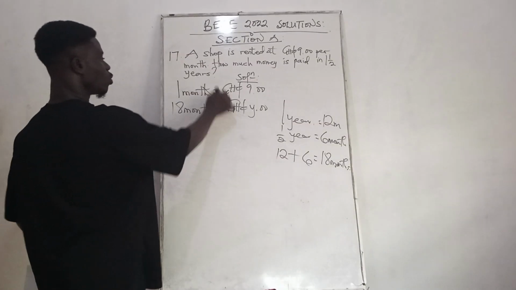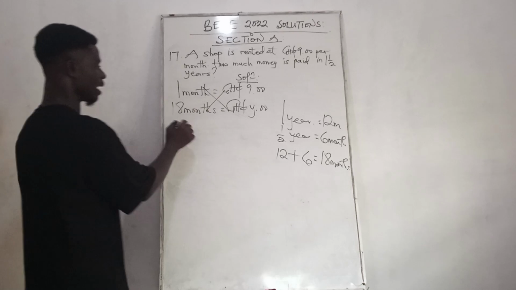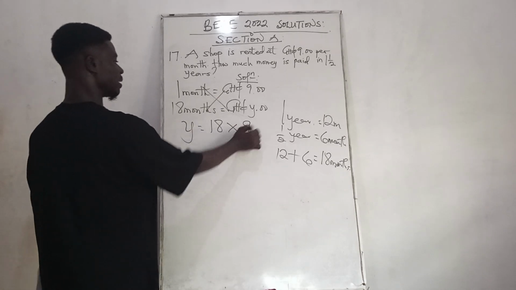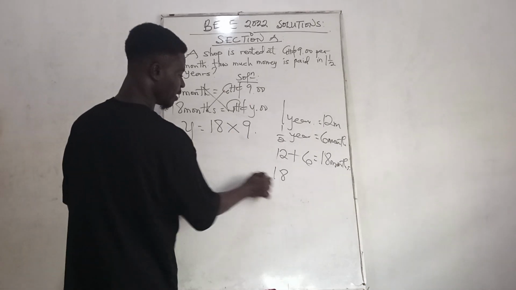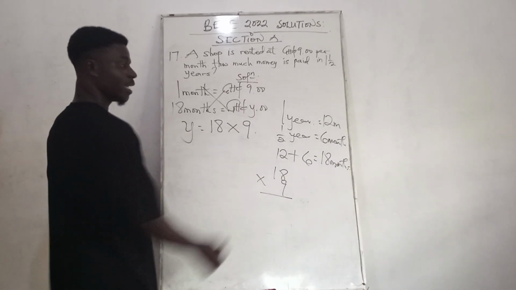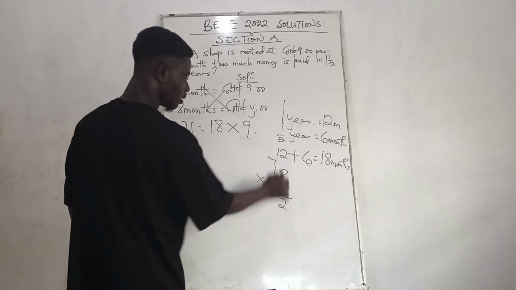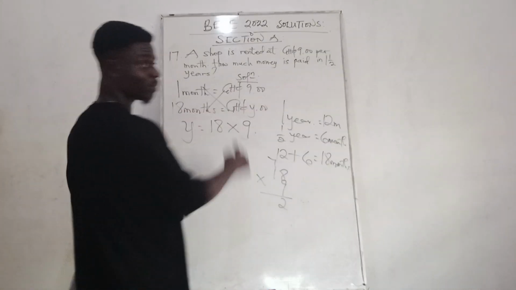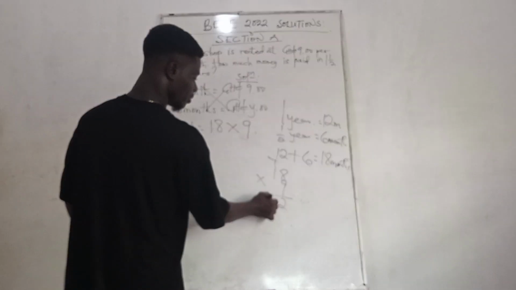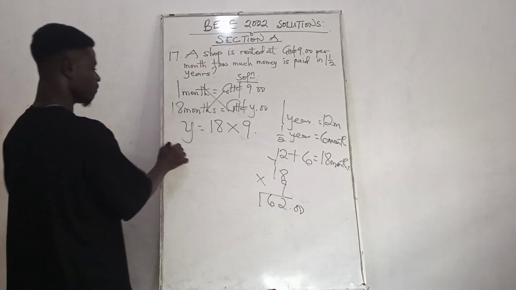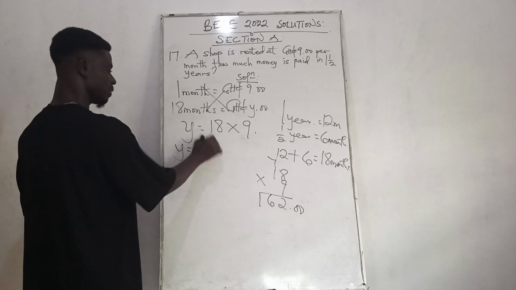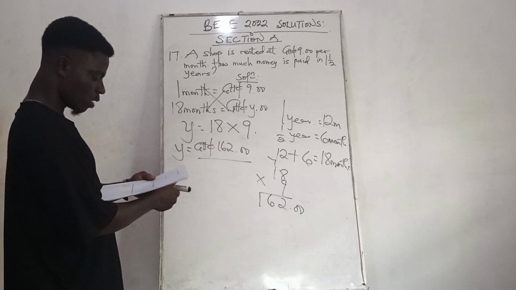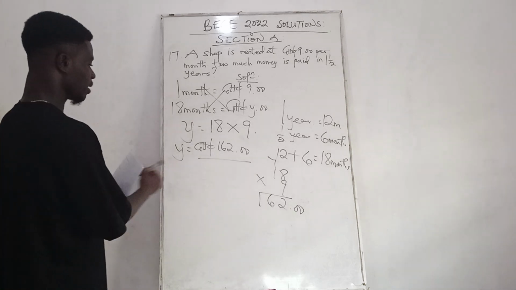Then we use cross product: 1 times y, y equals 18 times 9. So let's see, 18 by 9: 9 times 8 we get 72. Then 9 times 1 is 9, plus 7, we get 16. So I have my y as 162 Ghana cedis.